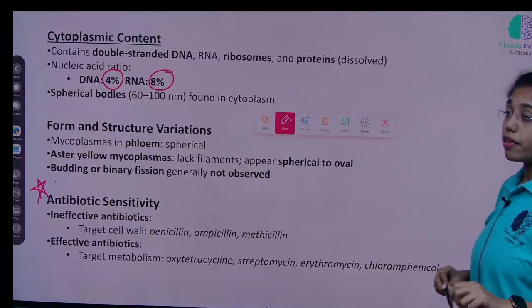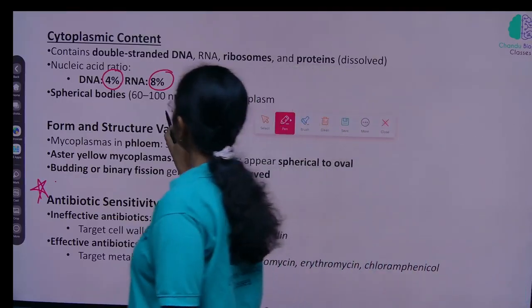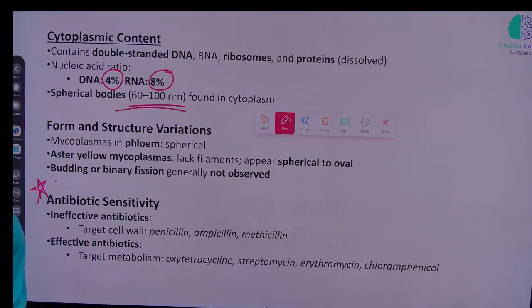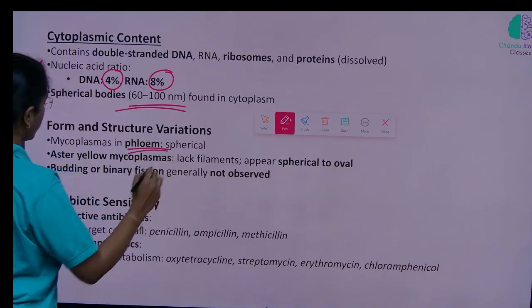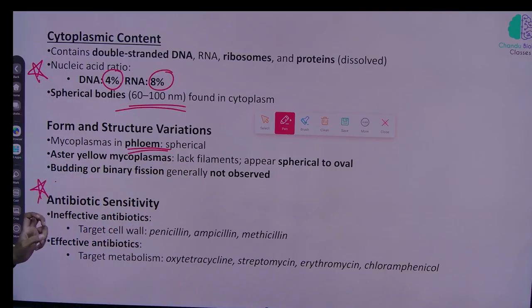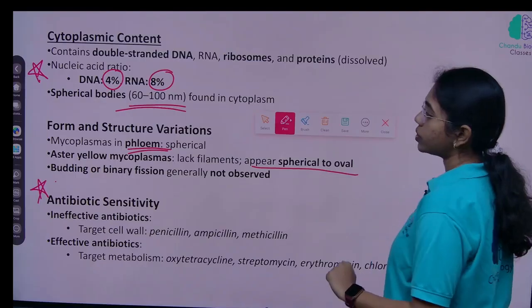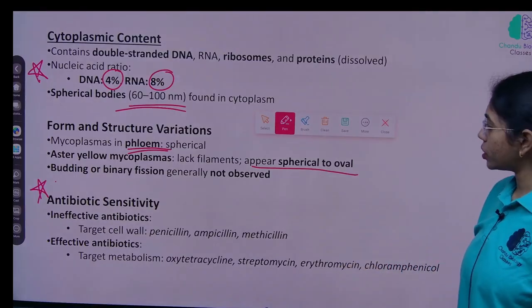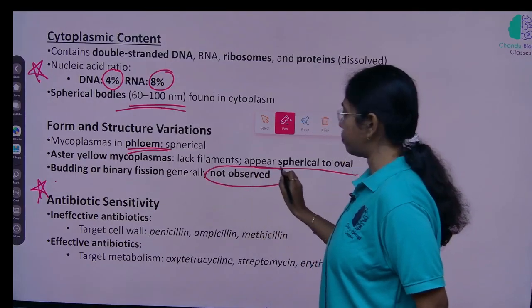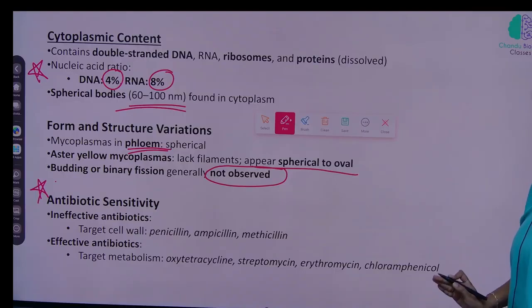Spherical bodies of 60 to 100 nanometers in diameter are found in the cytoplasm. The percentage of DNA and RNA is more important. Structural variations: mycoplasmas in phloem, such as aster yellows mycoplasmas, are spherical and lack filaments. They appear spherical to oval. Budding or binary fission is generally not observed.